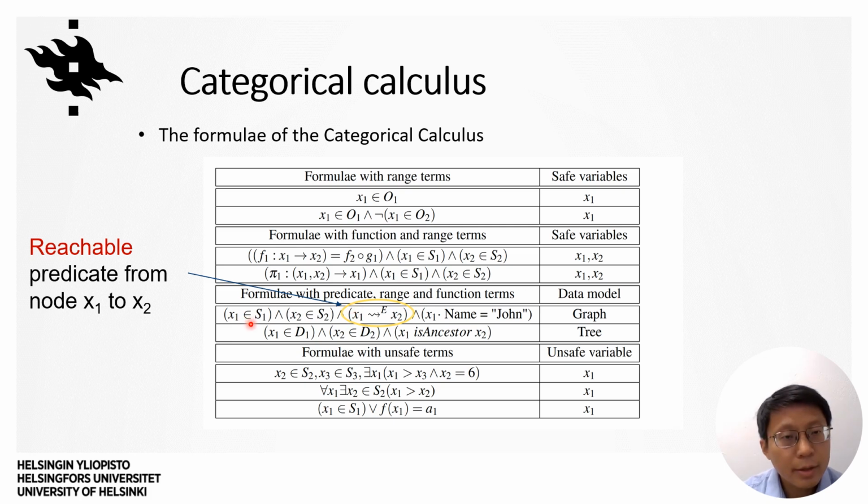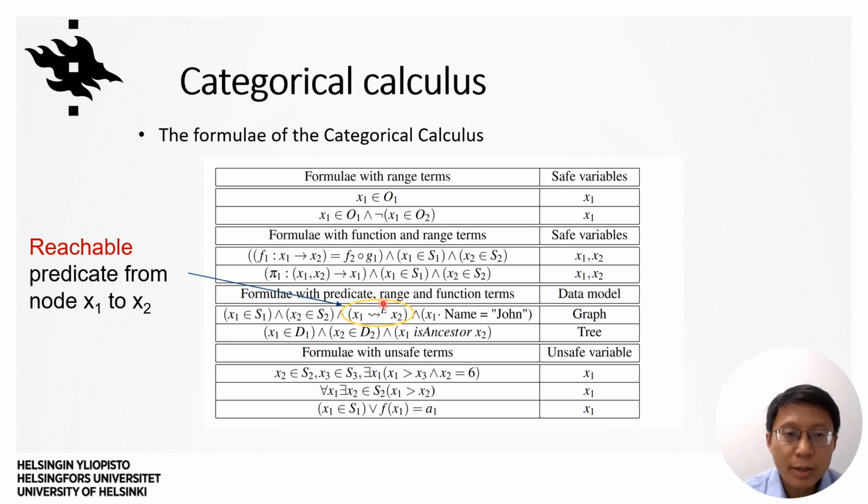Then in this example, x1 belongs to S1 and x2 belongs to S2, and x1 is reachable to x2, which means that x1 is a node in a graph and x2 is also a node. Then x1 is reachable from the node x2 in the graph and x1's name equals John.